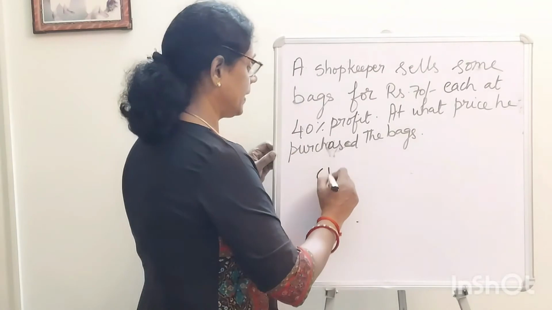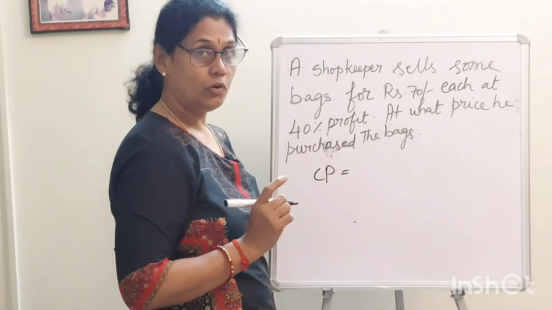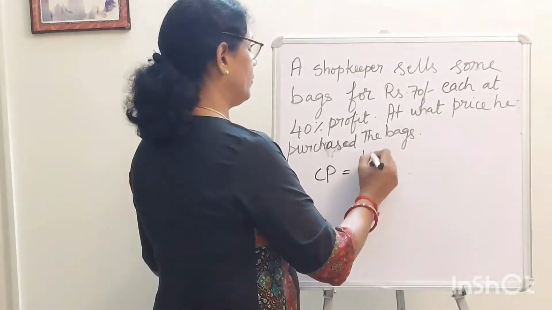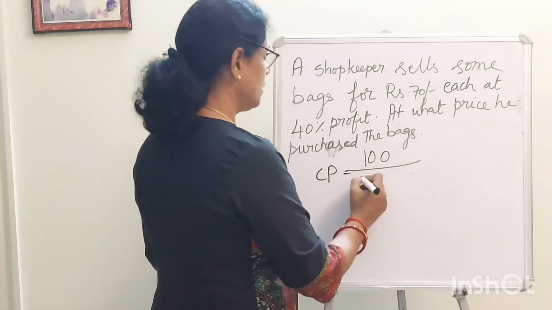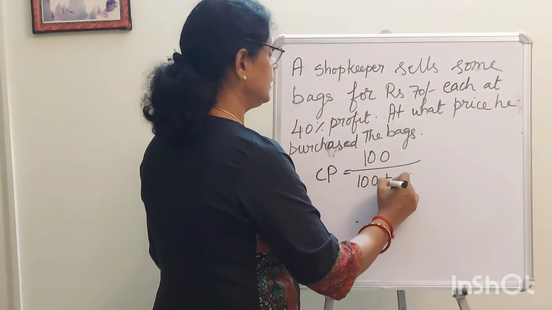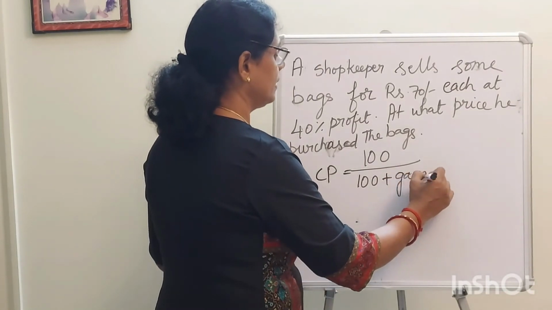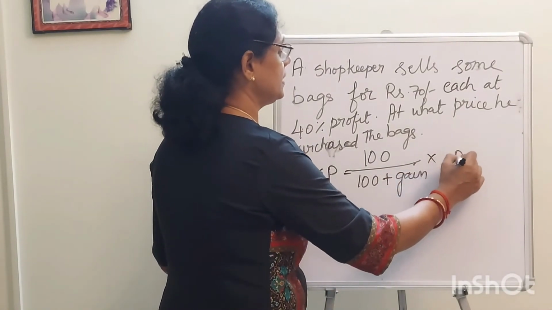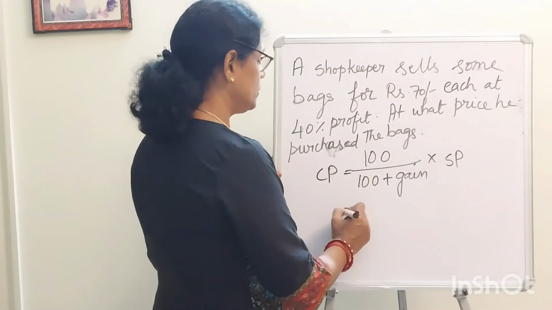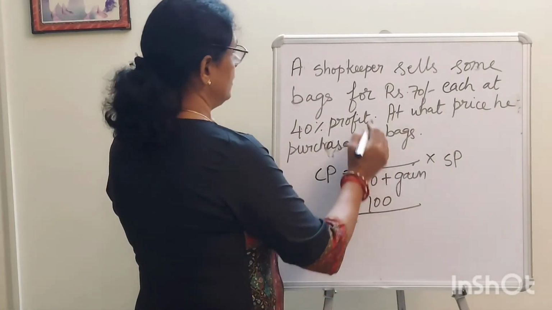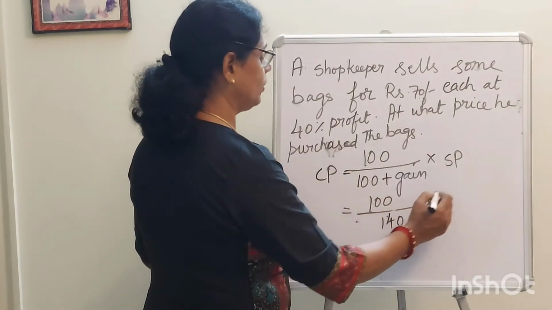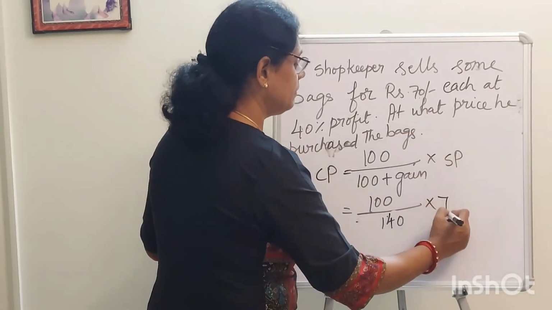So the cost price equals to, here the formula is, the reverse, 100 by 100 plus gain into, we know the selling price, right, into selling price, which is equal to 100 by, what is 100 plus gain? 140 into the selling price, which is 70.